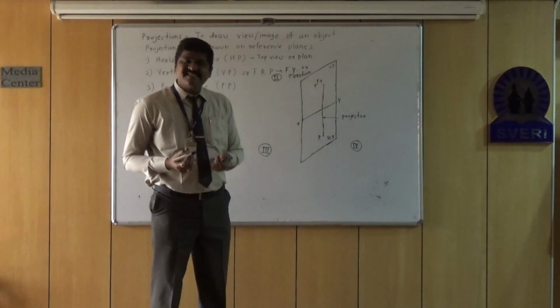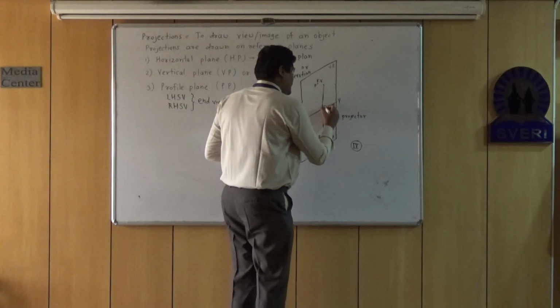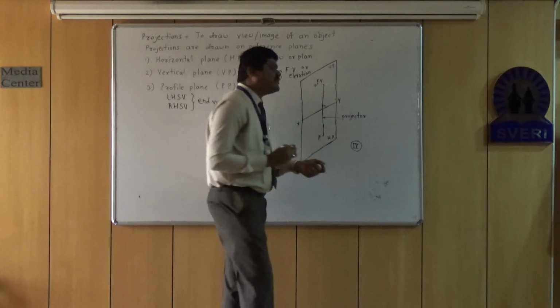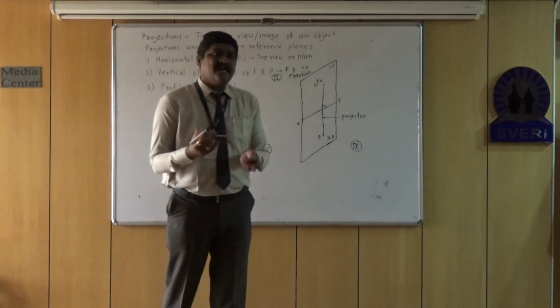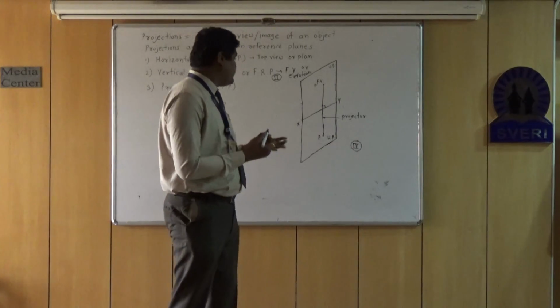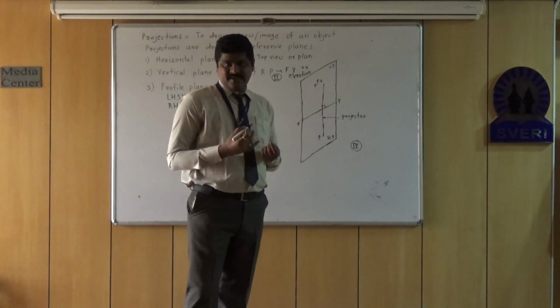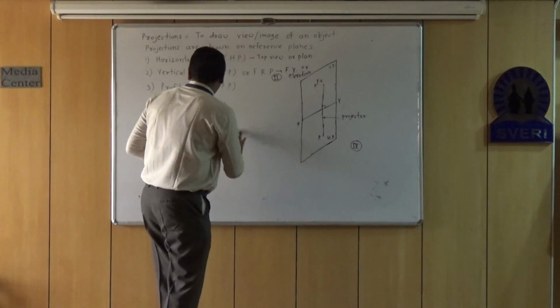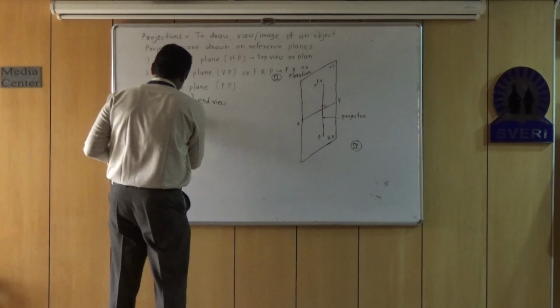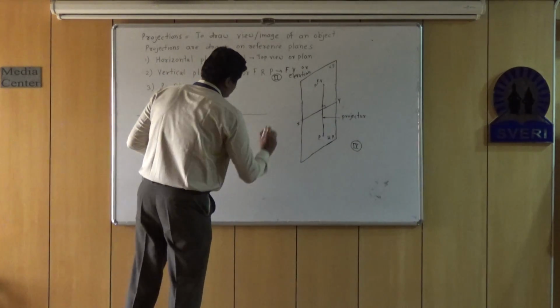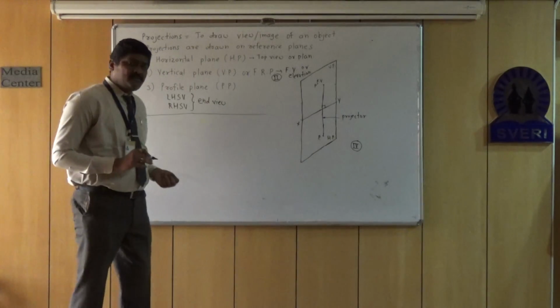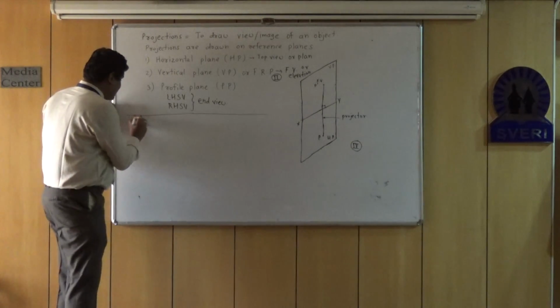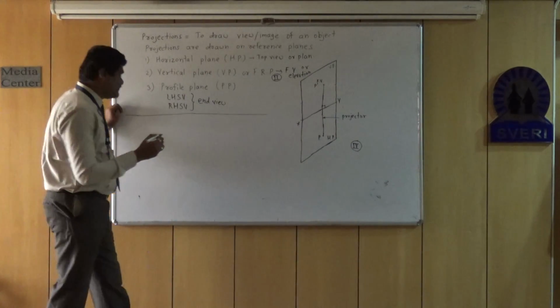lie on the same projector, and this projector is perpendicular to the reference line. So this is about the first angle method of projection. If you wish to represent this in the format of projections, how we can show?